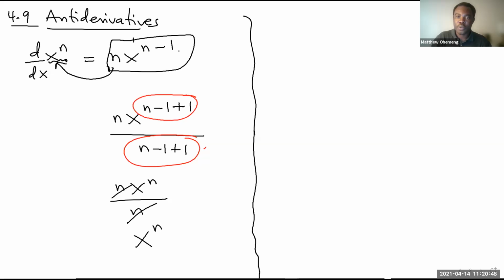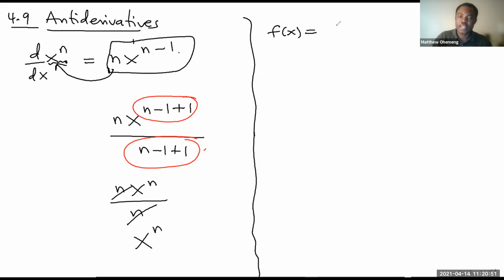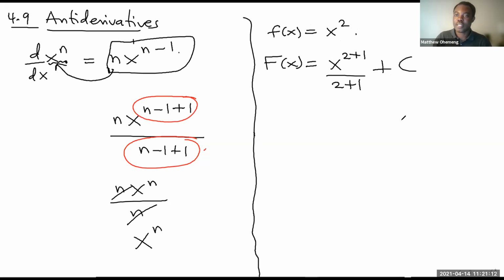So for example, for f of x equal to s squared, the general antiderivative, since it's a power function, the power rule for antiderivatives is always what? Add 1 to the power, divide by the result you get. And please don't forget your arbitrary constant. If you simplify this, you get s cubed over 3 plus C. So that's how they are able to decide that that is the antiderivative of s squared.